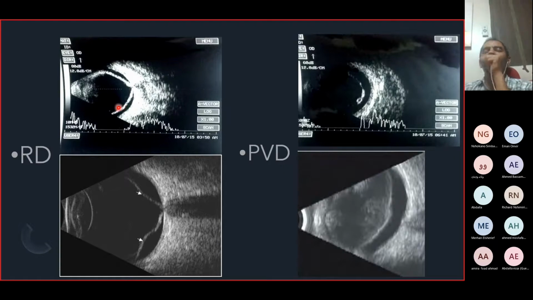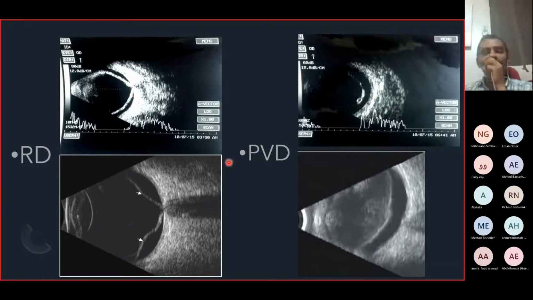So which one do you think will persist on lowering the gain, the retinal detachment or the vitreous? Retinal. That's true. If I decrease the gain usually to something like 60, you'll find that the vitreous is disappearing and becoming not very visible. But the retina will persist on lowering the gain.